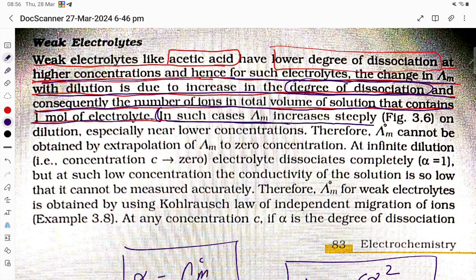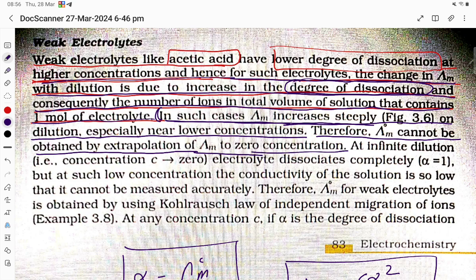In such cases lambda m increases steeply on dilution, especially near lower concentration. Therefore, lambda m naught cannot be obtained by extrapolation of lambda m to zero concentration.